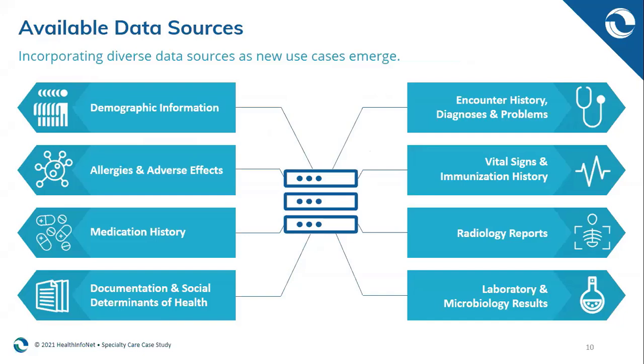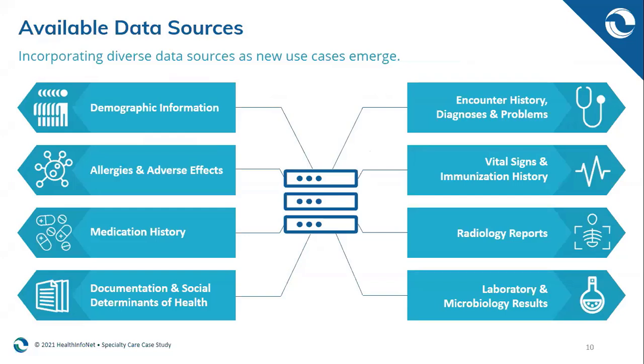The information also would be what type of data source is going to be available for you to look at. So demographic information, obviously very important. We have encounter histories, diagnoses and problems, allergies with adverse effects, vital signs, immunizations, getting more important every day. Our medication history, as I spoke about, radiology reports.